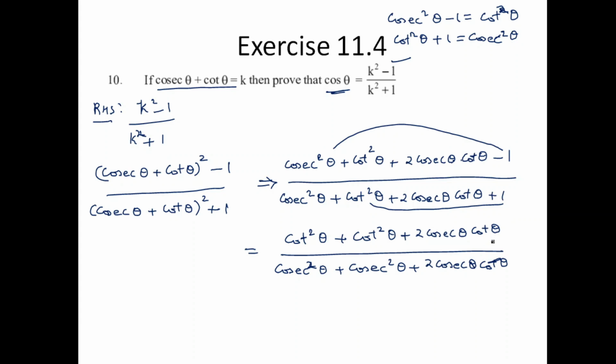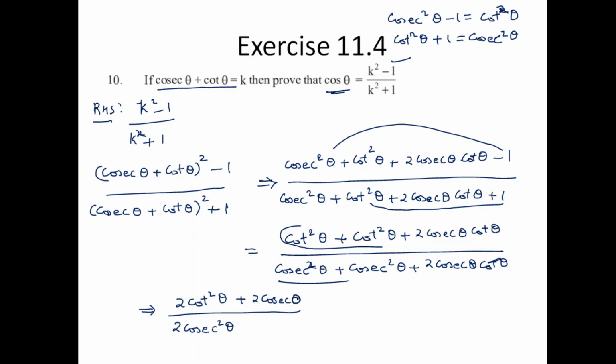So let's see the next one. What do we have in the next one? What is left out? I can write this as 2 cot square theta, and similarly the denominator I can write as 2 cosecant square theta, right? Now plus what is left out? 2 cosecant theta into cot theta, and similarly in the denominator what is left out? 2 cosecant theta into cot theta.